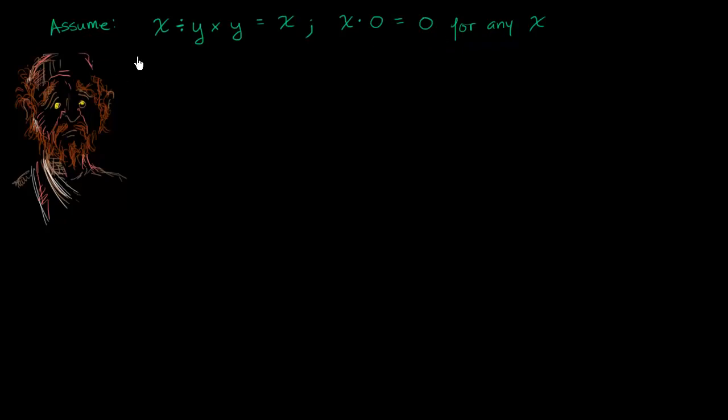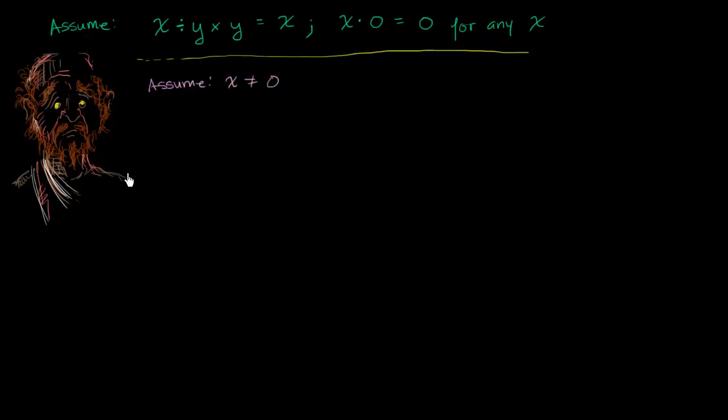Now, with that out of the way, you want to start exploring the divide by 0 question. So the first thing that you say is, well, let me just try to define it. Let's make a further assumption that x is some non-zero number.